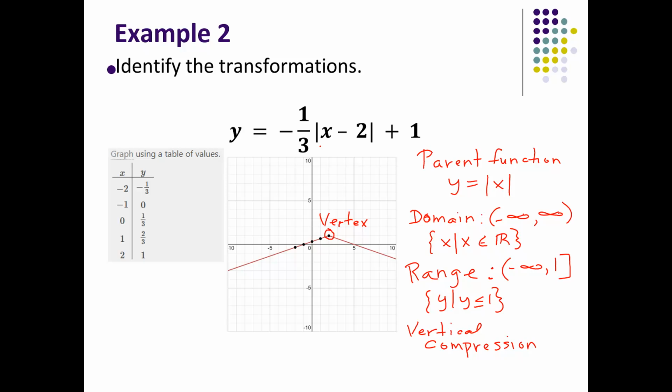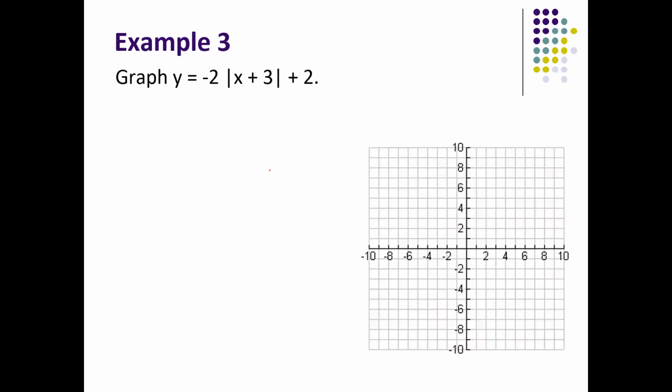The last example we're going to look at today asks us to graph y equals negative 2 times the absolute value of x plus 3, plus 2. So, what is the vertex?